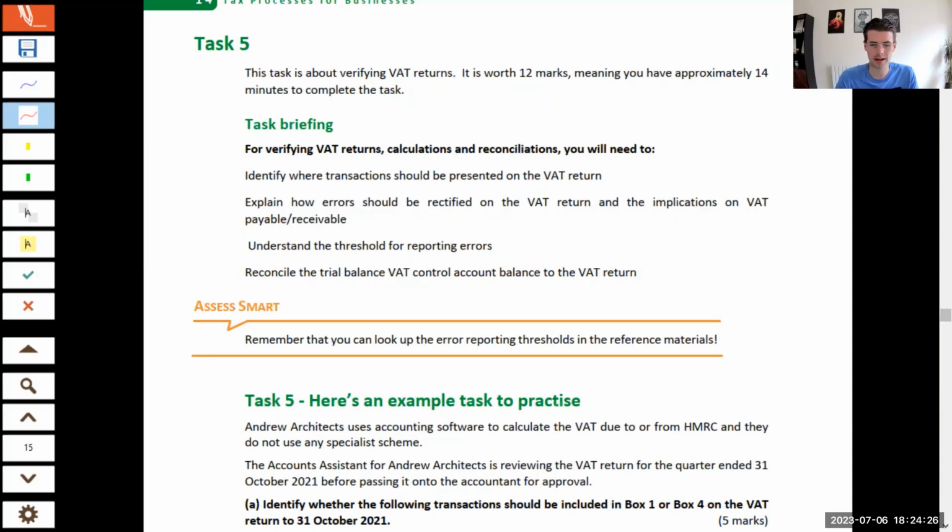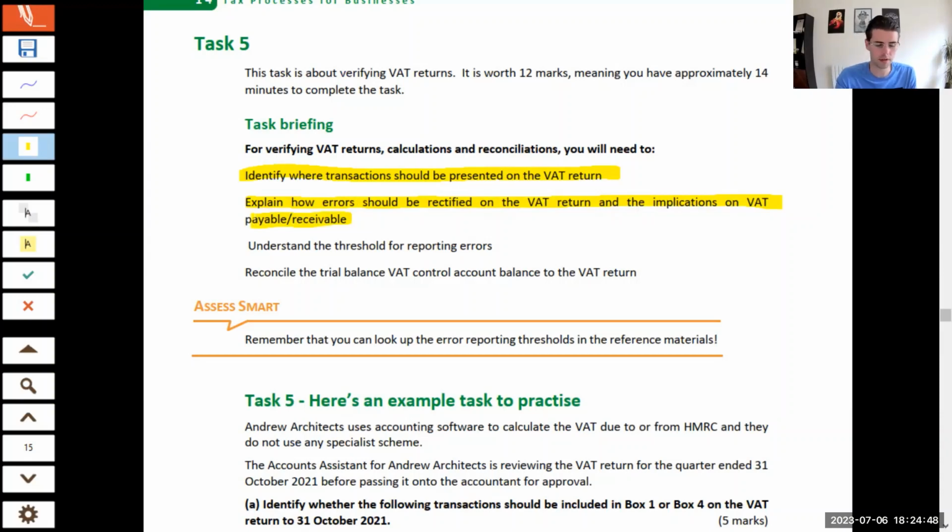It's almost like task 4.5. It just continues on from that theme of dealing with VAT returns. But what we're looking at now is a couple of different sections: being able to understand what goes on a VAT return, how we can rectify errors, and the implications on payables and receivables.